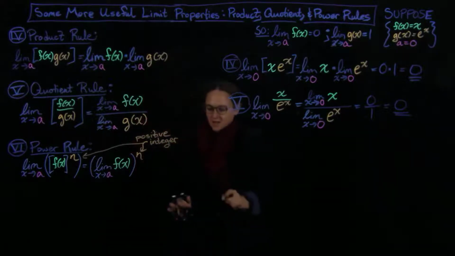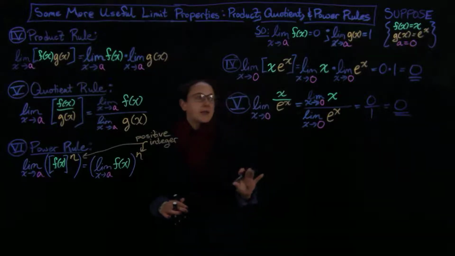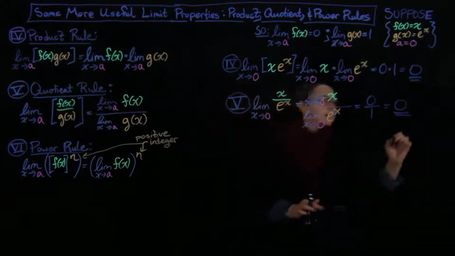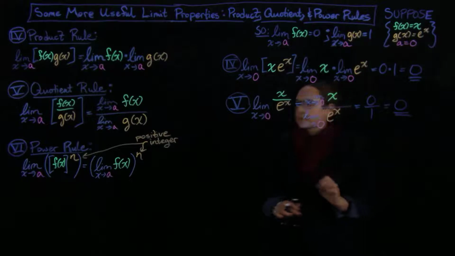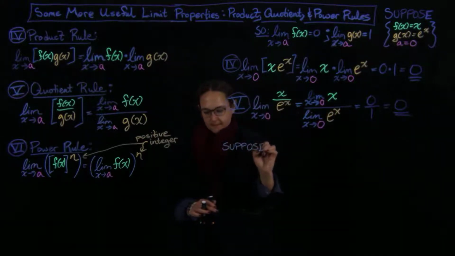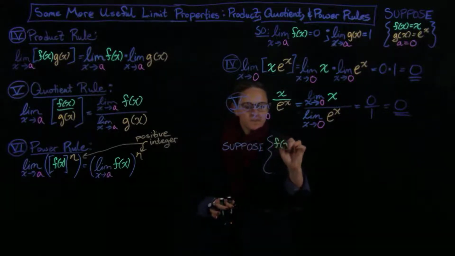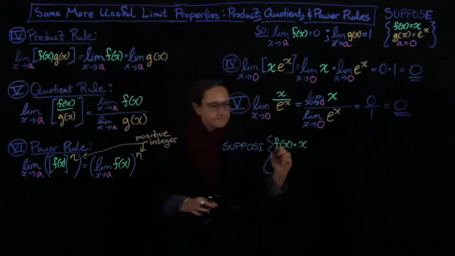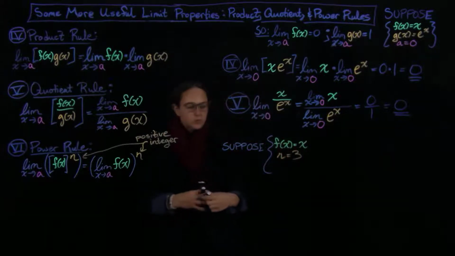So let's do an example over here. We're going to suppose that we have f of x equals x, and we have n equals 3, and we have a equals 2.